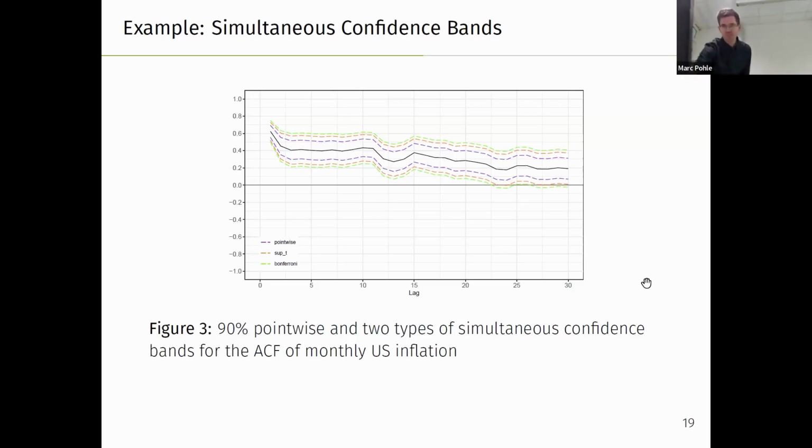The red line represents the sup-t bands, and the green line represents the Bonferroni bands. Here you can see from the sup-t bands and the Bonferroni bands the sampling uncertainty in the estimation of the autocorrelogram of monthly inflation.